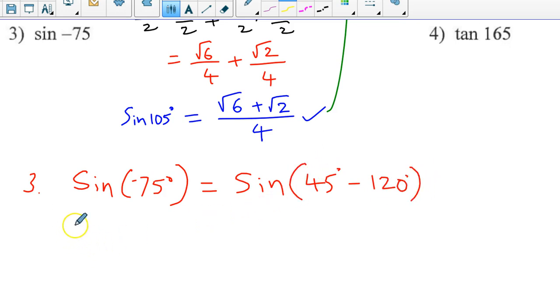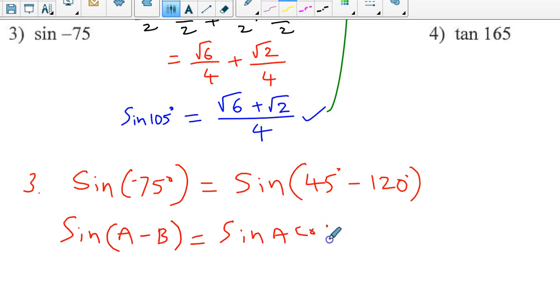Then make use of sine A minus B, the difference identity we have. So sine A minus B is equal to, we will write, sine A cosine B minus cosine A sine B.